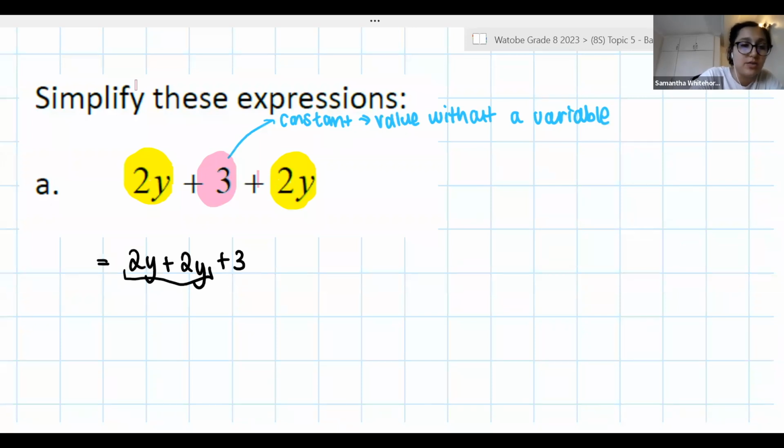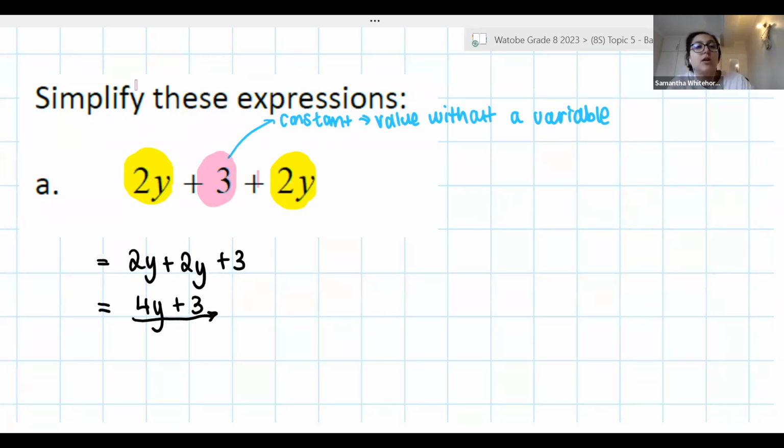You don't have to, but you can. And now because we know which our like terms are, we can add. So we've got 2y plus 2y, which gives me a total of 4y plus the constant 3. I can't add that 3 to anything because it doesn't have a like term to be added to. And so it just sits at the end as plus 3.